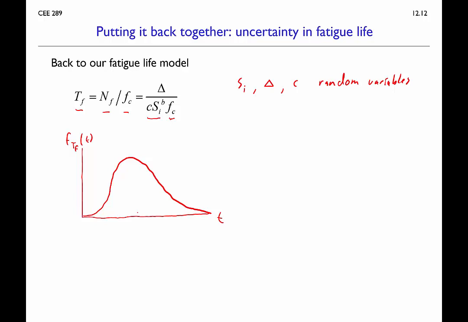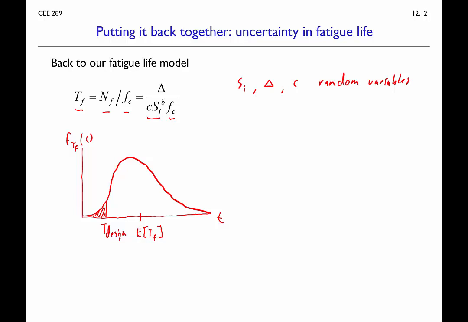And we can compute, say, an expected value of TF, and we have the ingredients to get at that approximately, at least, because we know some expected values of these other coefficients. But we're generally not going to count on this expected value of the time to failure. We'll generally say, well, I'm only going to count on some level of design life that's over here, where I've got a relatively small probability that I'm not going to make it to that amount of time. And so the question is, how do I figure out that design life and pick that?